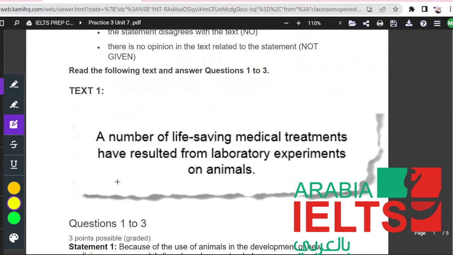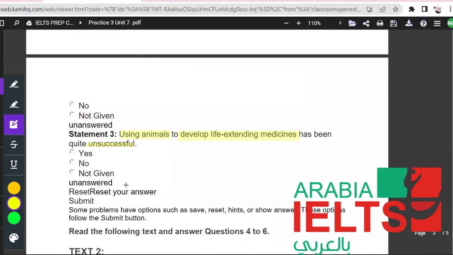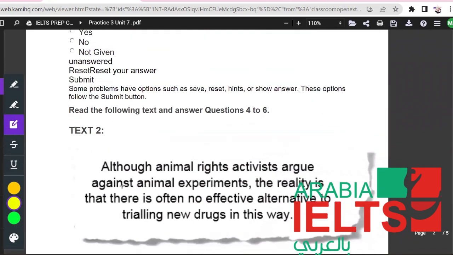So because of these animals, they saved a lot of people's lives. So the answer is no, because it is successful. In the writer's idea, he said it's successful, and the statement says unsuccessful, which does not agree with the writer. All right.